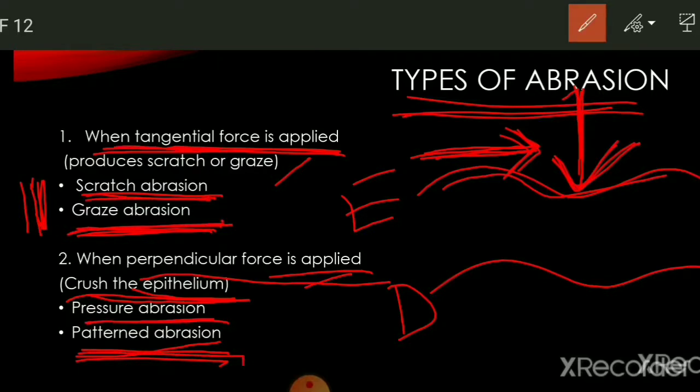So we have four types of abrasion produced by two forces: scratch, graze, pressure, and pattern. The first force is tangential, the second is perpendicular.